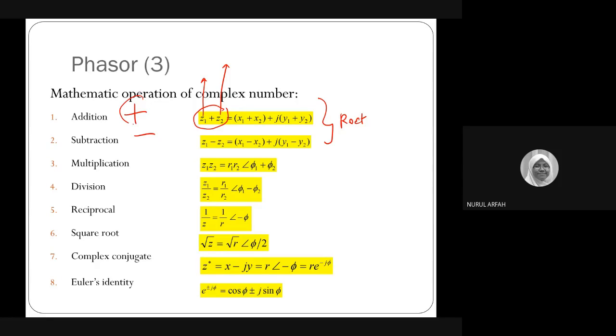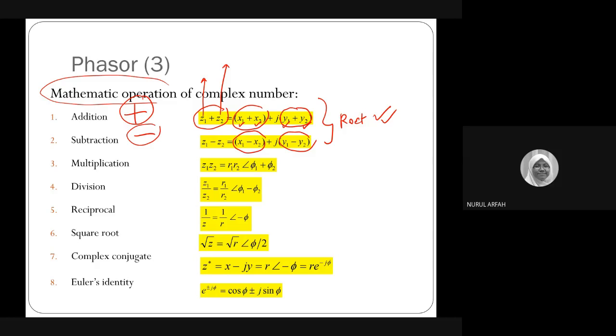Then for addition or subtraction, the best form to use is rectangular form. So the real part you can add and the imaginary part you can add, from signal 1 and signal 2. Same as your subtraction: the real part you can subtract and the imaginary part you can subtract.